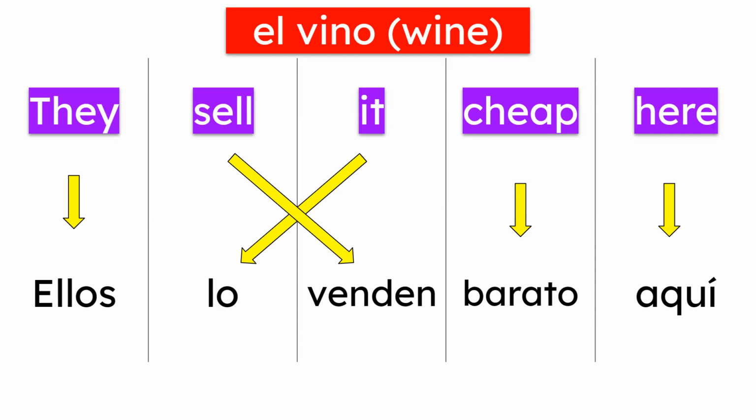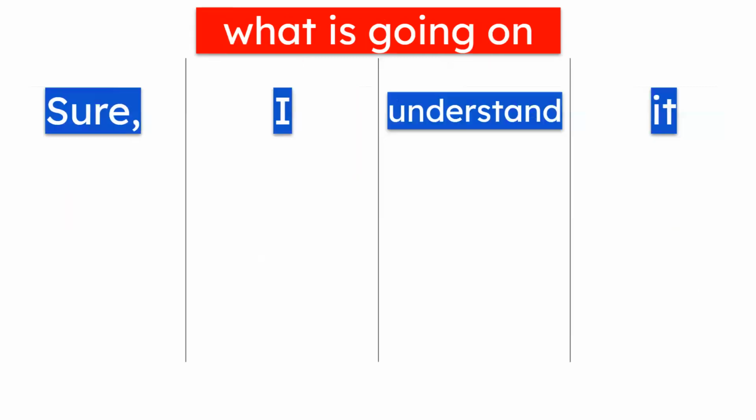Muy bien. Excelente. Moving on to the next one. Okay, this sentence is very important to learn and understand. The sentence is: sure, I understand it. In this case, unlike the others we've seen so far, it is not referring to a thing.